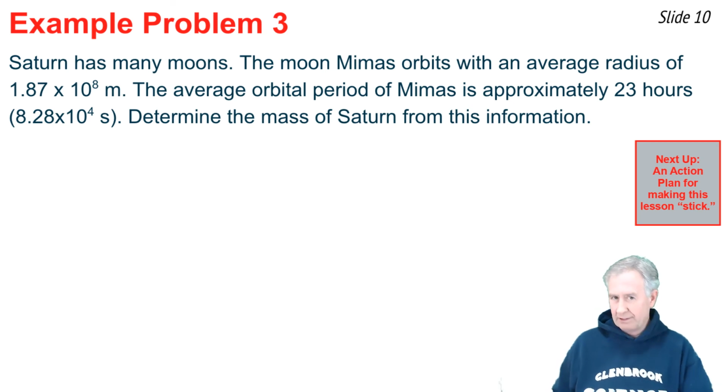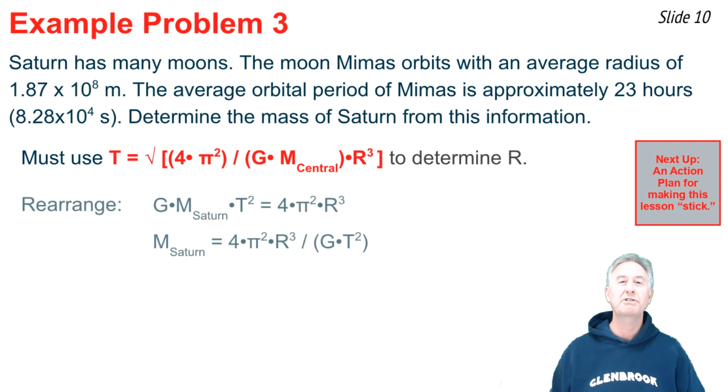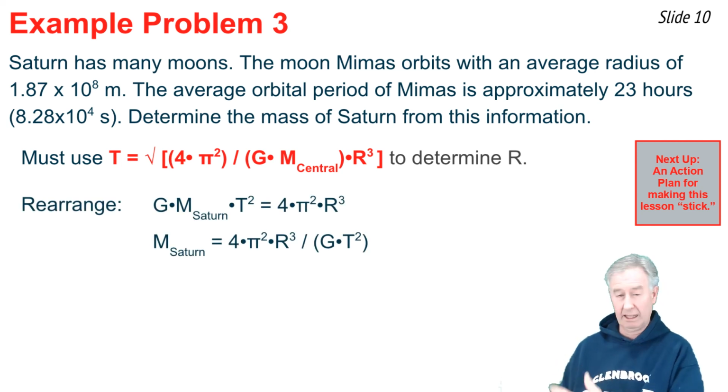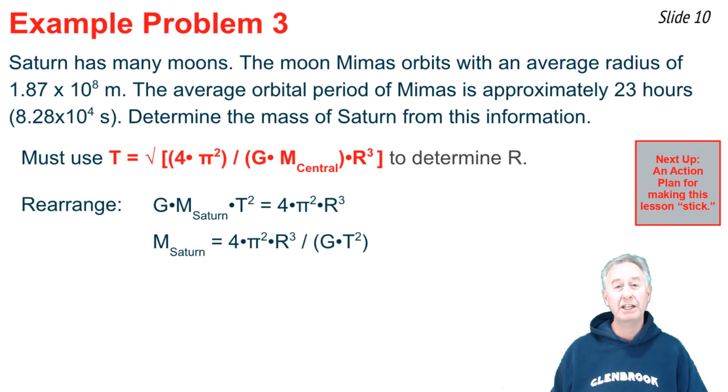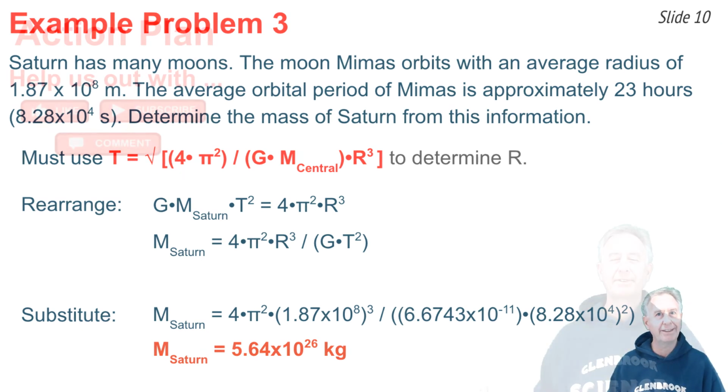So I need to use this equation right here in order to calculate the mass of Saturn, but first it needs to be rearranged so that I can solve for mass. There's a couple of steps of algebra that would look something like this, and then once done, I would substitute values of radius and period into the equation, and I can have the mass of Saturn. And it would have been a lot easier to Google it, but where's the fun in that?